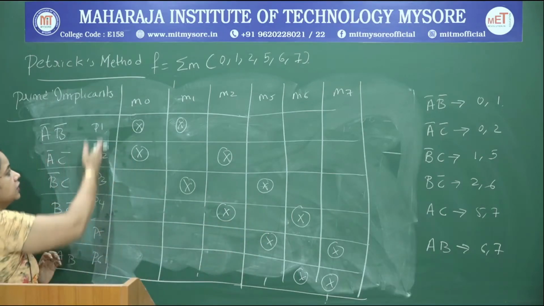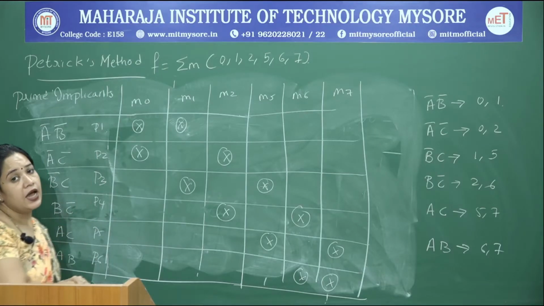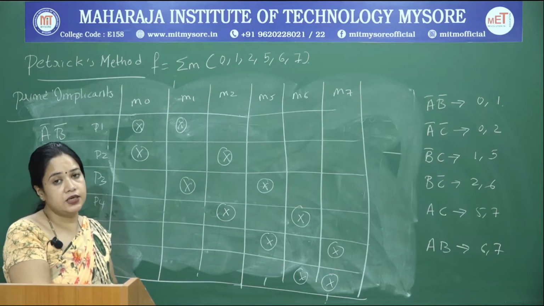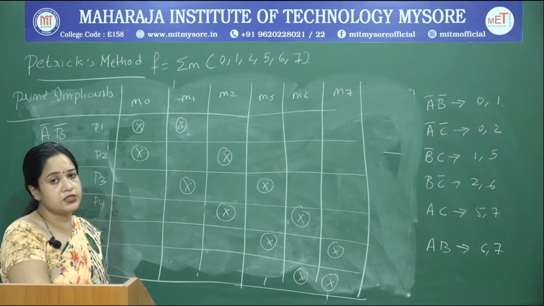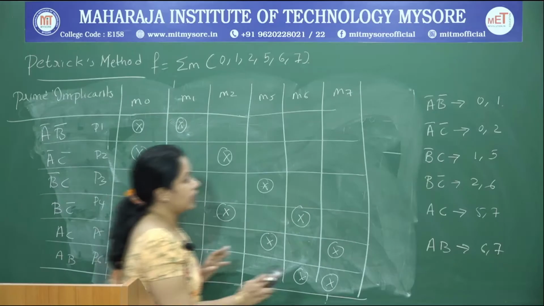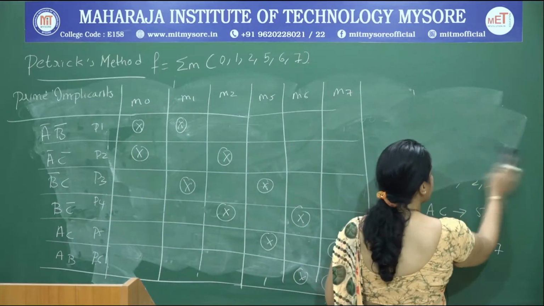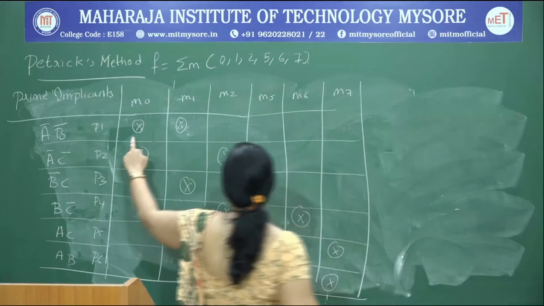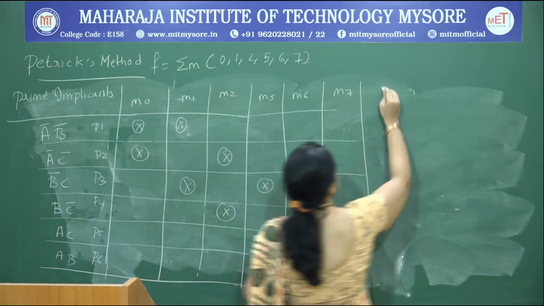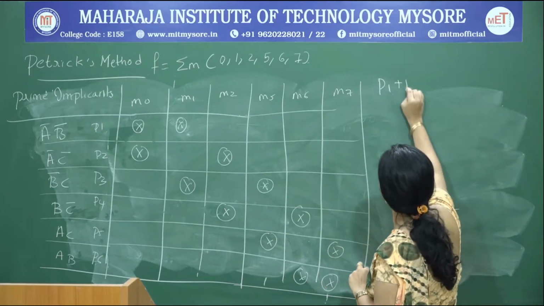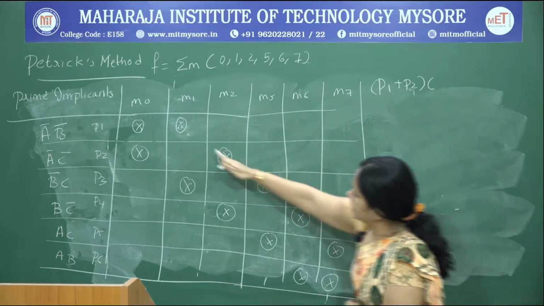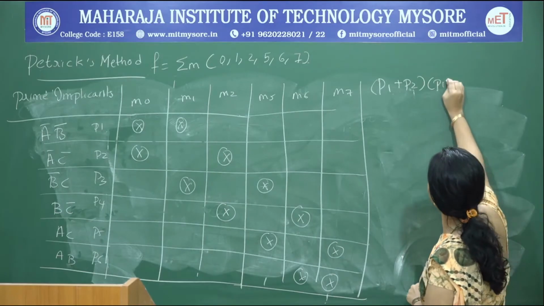So we will write the expression in terms of P1, P2, P3, P5, P6, and later we will use the distributive law and uniting theorem to simplify the expression so as to arrive at the minimal expression. So we will write the expression, later try to simplify it. So we end up getting P1 plus P2 into the next column, P1 plus P3.